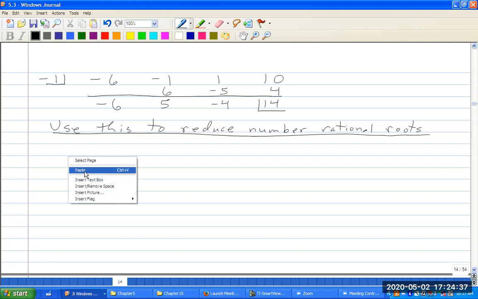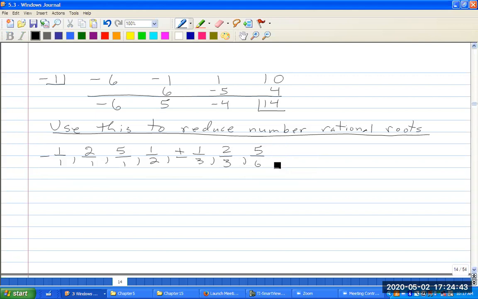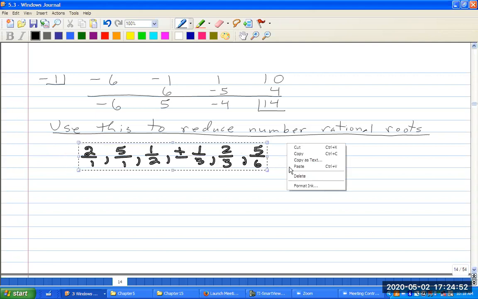I just have to look at this. Now, of course, I don't have to look at the -1 because I've already done that. So I'm just going to look at these.